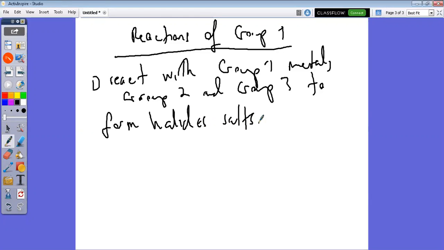Your stable sodium chloride is a reaction between sodium and chlorine. What your syllabus is more interested in is the group 1 reactions.